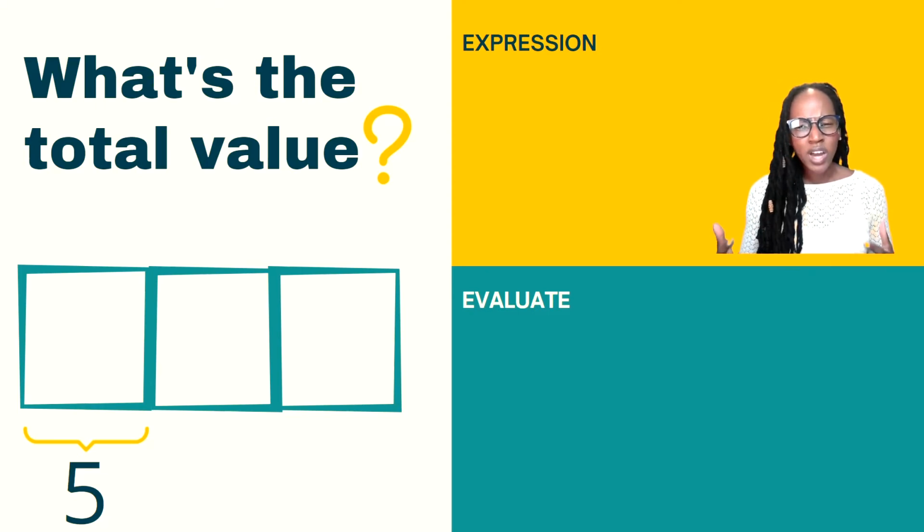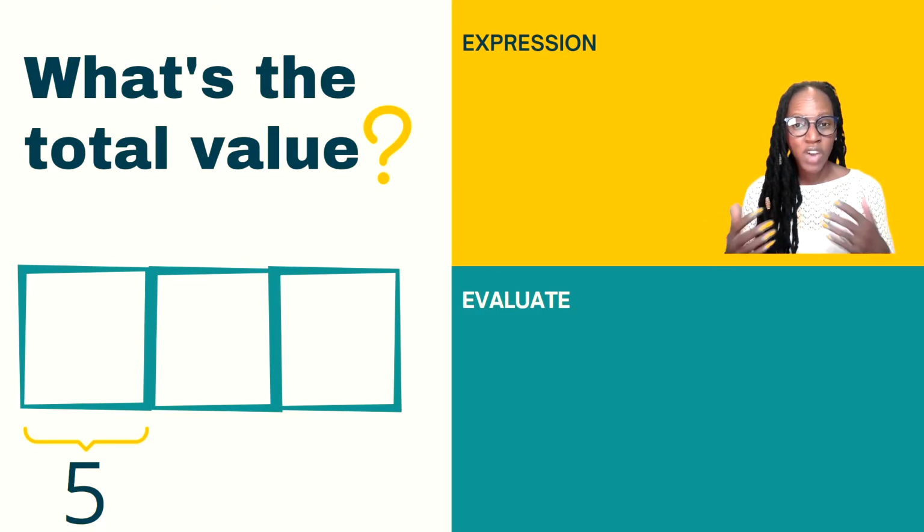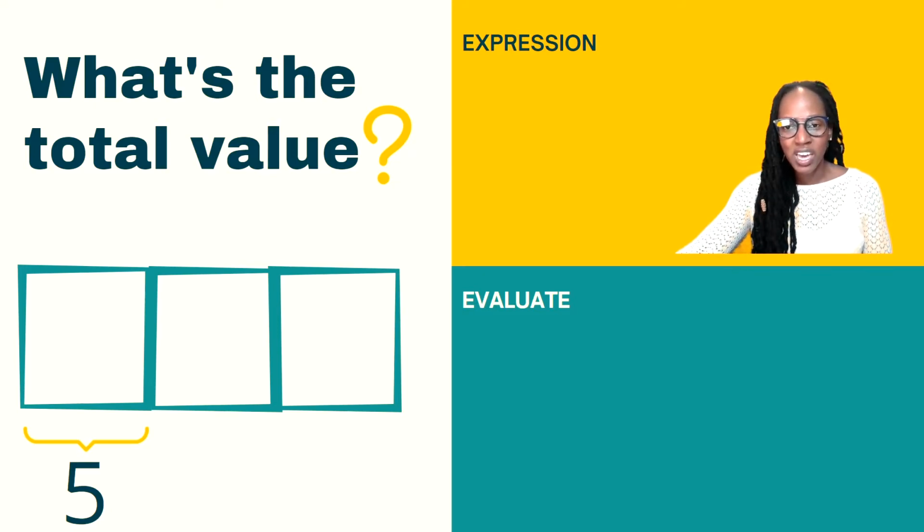One of those units has a value of 5. So if I have one unit with a value of 5, how could we find the total value here? Well, we could start by writing an expression, and then I would evaluate that expression. So let's see what I might write.